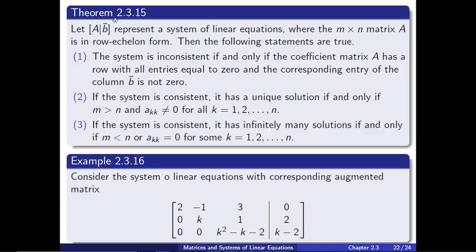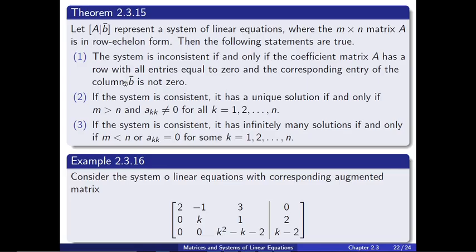So this is theorem 2.3.15, and it says let A B represent a system of linear equations where the m by n matrix is in echelon form, right? Then the following statements are true. The system is inconsistent if and only if the coefficient matrix A has a row with all entries equal to 0, so it has a row of zeros, and the corresponding entry of the column B, the one that will be on the right, is not equal to 0.